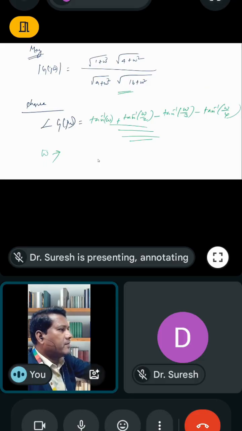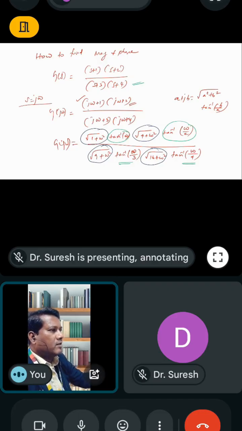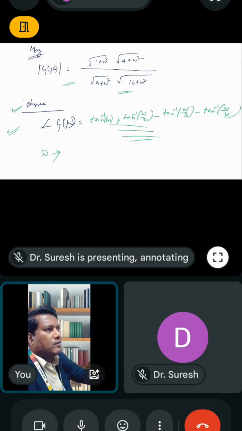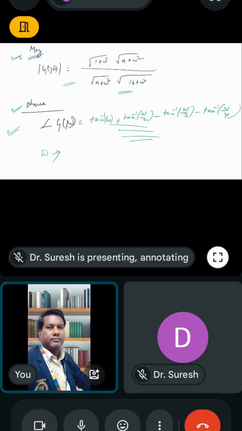So this is the simple procedure to find magnitude and phase angle. For the given transfer function, put s equal to j omega, then split the magnitude and phase angle, writing magnitude and phase separately. This is the simplest procedure to find the magnitude and phase of a given system.